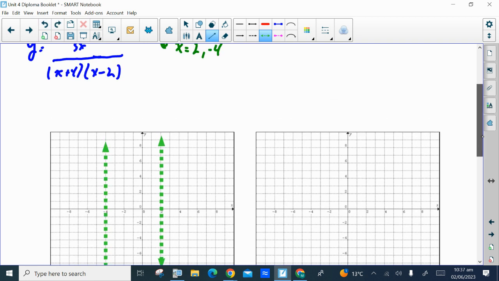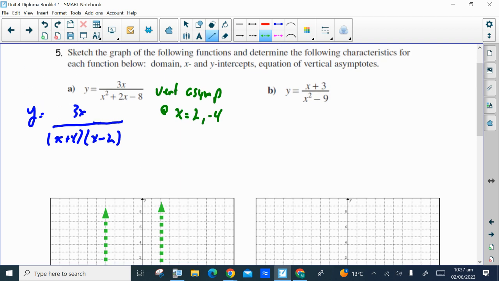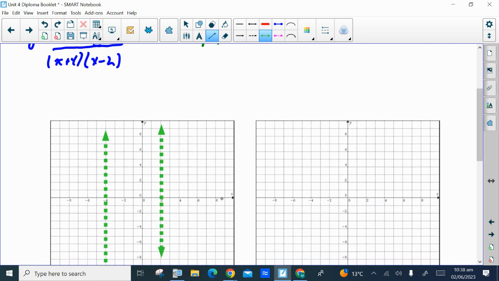There is also a horizontal asymptote here, and we saw that when the degree of the top is 1 less than the bottom, then the x-axis, y equals 0, is a horizontal asymptote.